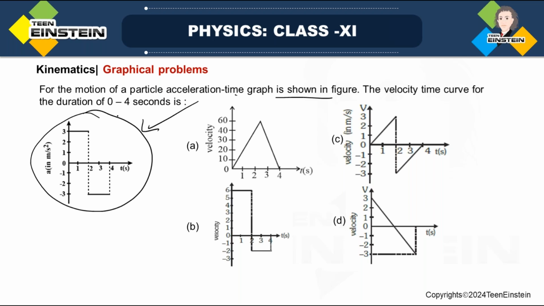You have to find out the variation of velocity during 0 to 4 seconds. You have been given this acceleration time graph, and you have to just find out the velocity time graph.